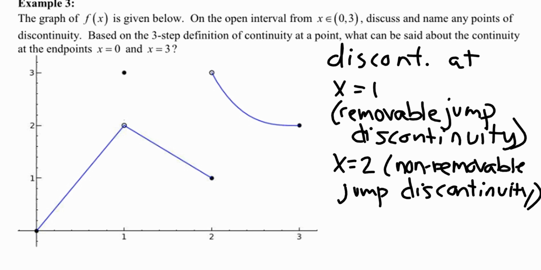If we check the one-sided limits, we see that they don't match the function values at those points. So based on the three-step definition of continuity at a point, what can be said about the continuity of the endpoints? They would be discontinuous at the endpoints because we can only take one-sided limits. We don't know what's happening on the other side. We'll look into that more later as we get further into our calculus study.